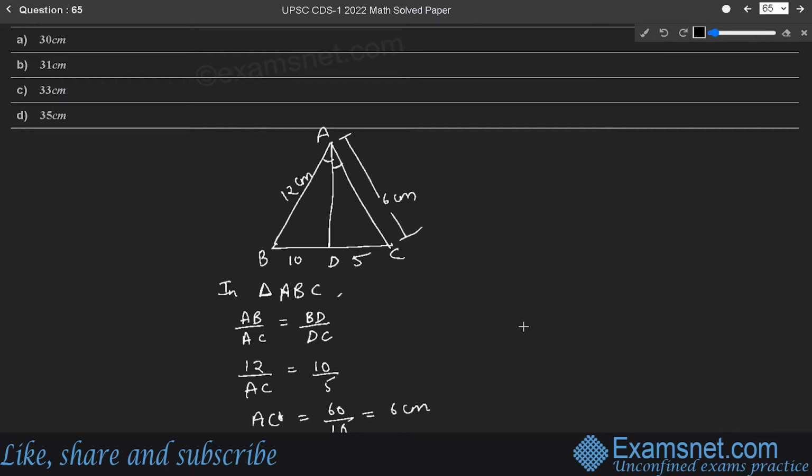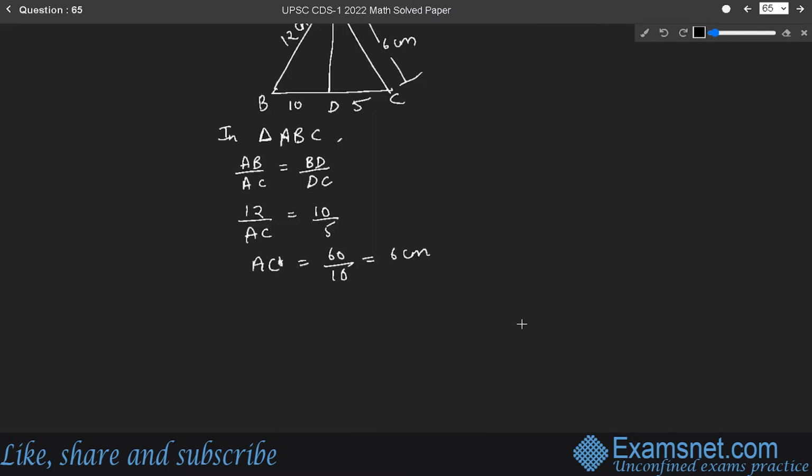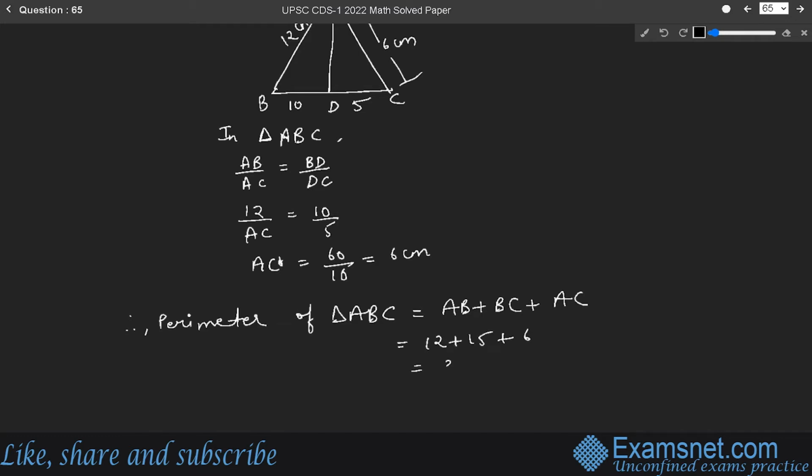Now we have to find the perimeter of the given triangle. We know that the perimeter of a triangle is equal to the sum of all the three sides. Therefore, perimeter of triangle ABC will be equal to AB plus BC plus AC, which is equal to 12 plus 15 plus 6, which is equal to 33.